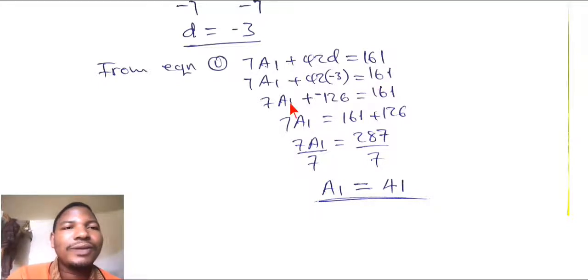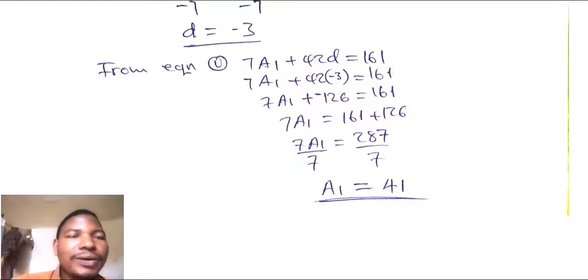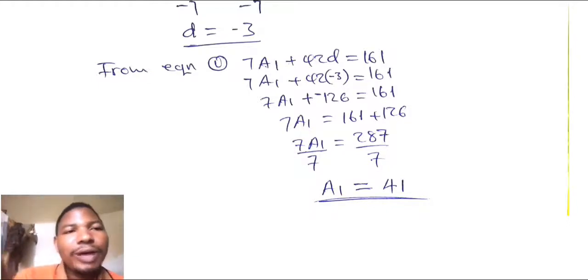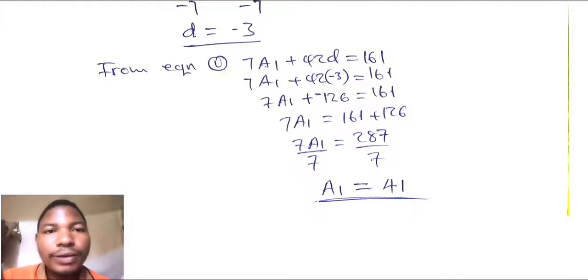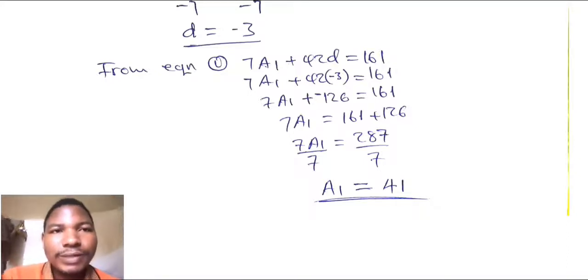So 7 first term plus this one, when you multiply here, will be equal to negative 126, which is equal to 161. Shift this negative to that side. So 7 first term will be equal to 287 divided by 7 divided by 7. So first term will be equal to 41. So now I have the first term, but our goal is to find the product of the first term and sixth term. So stay tuned.